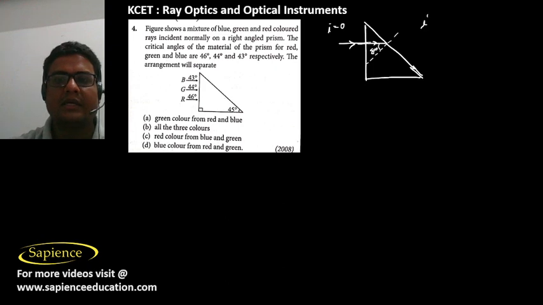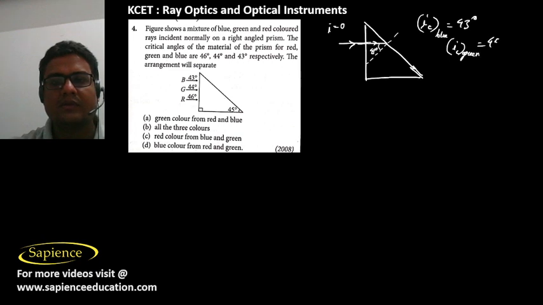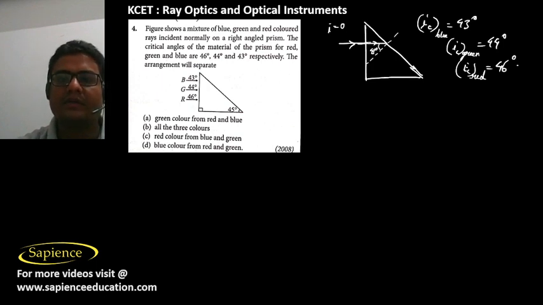The critical angle for blue is 43 degree, for green 44 degree, and for red 46 degree. So this 45 degree is more than the critical angles for blue and green. So blue and green colors will suffer total internal reflection.